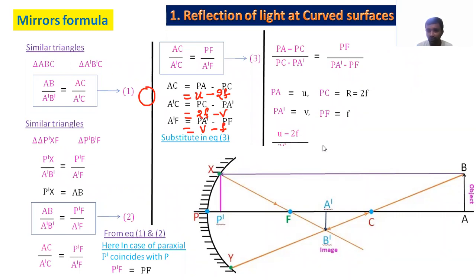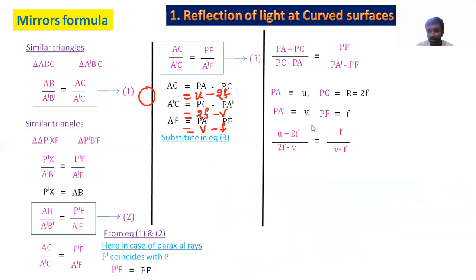So PC is 2F, and remaining PF is substituting F, and PA dash is V minus F. So this we got the relation. Then solving this. So here cross product first. What we are taking? Cross product, LHS to RHS side.